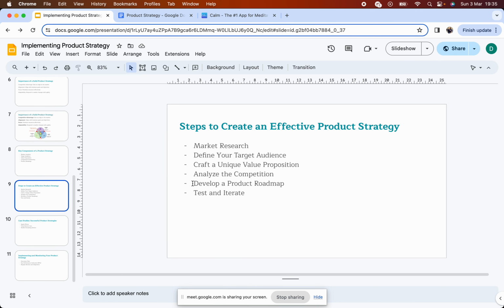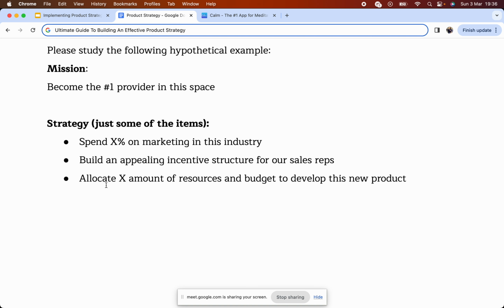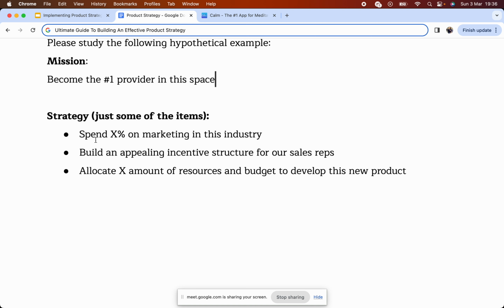That's a mission. And then as a PM, I think of how I can follow these steps to create effective product features that will lead to the company achieving this product mission. And then the strategies could be to spend X amount on marketing.